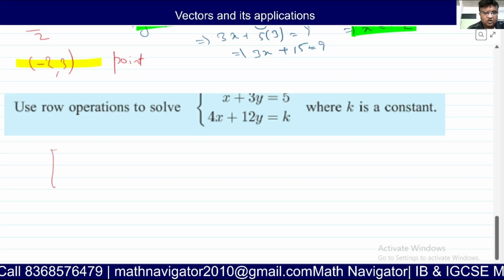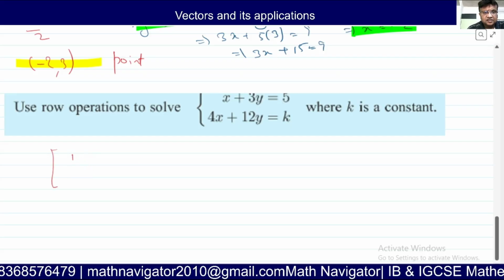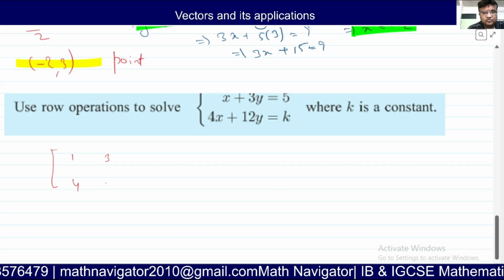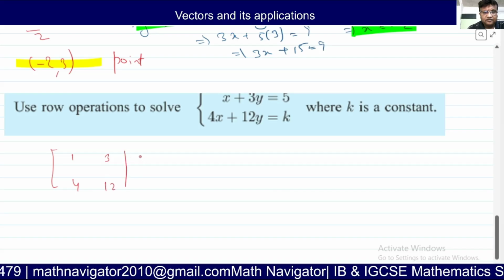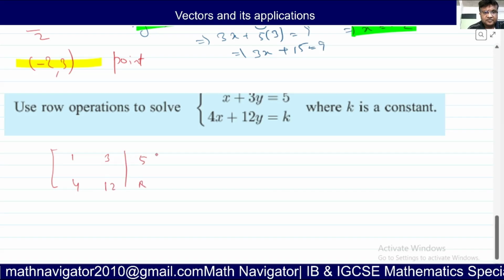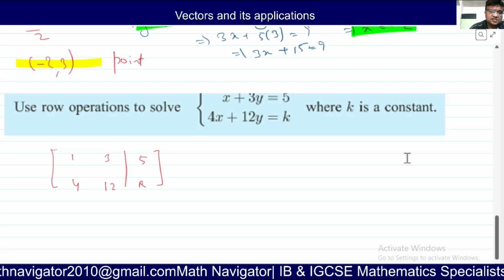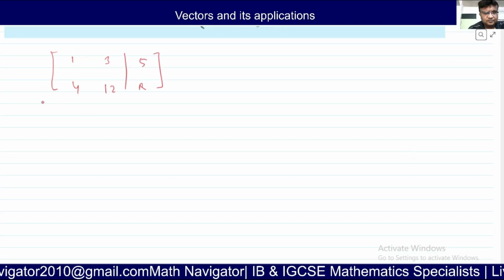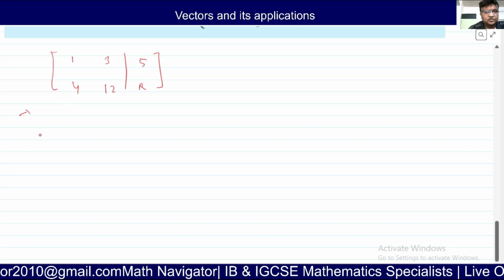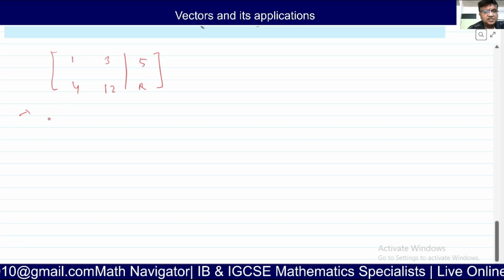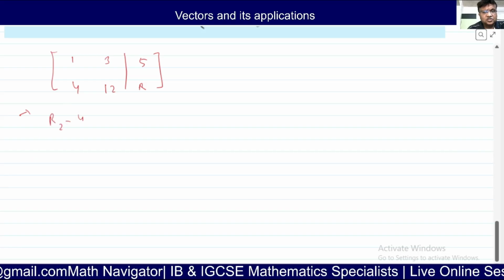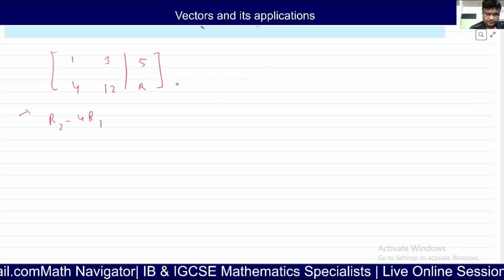Again, I'll create my augmented matrix: 1, 4, 3, 12, 5, k. Again, I want to make this entry 0. So what I can do is R2 minus 4R1.